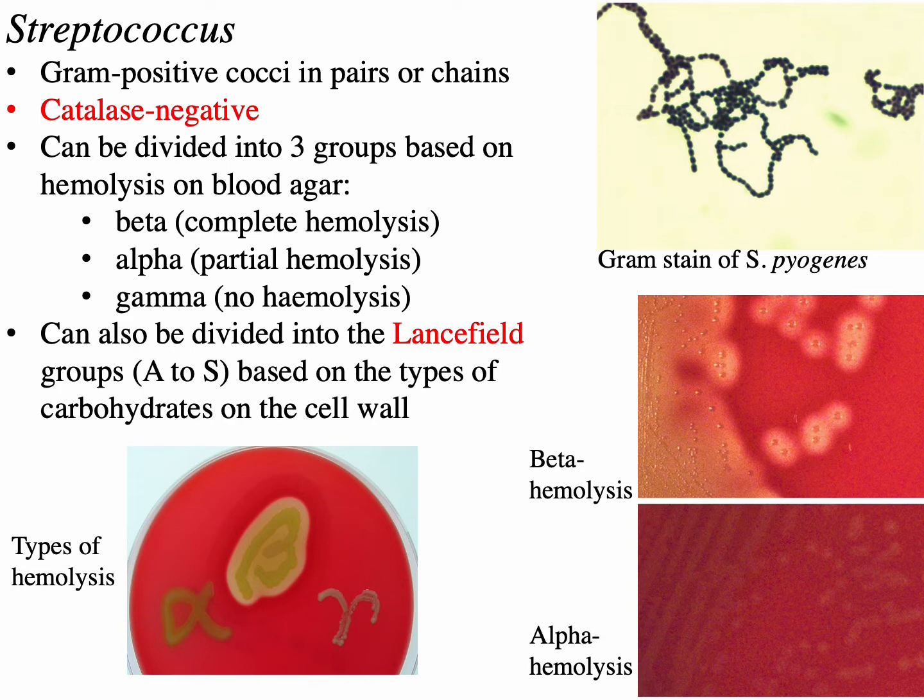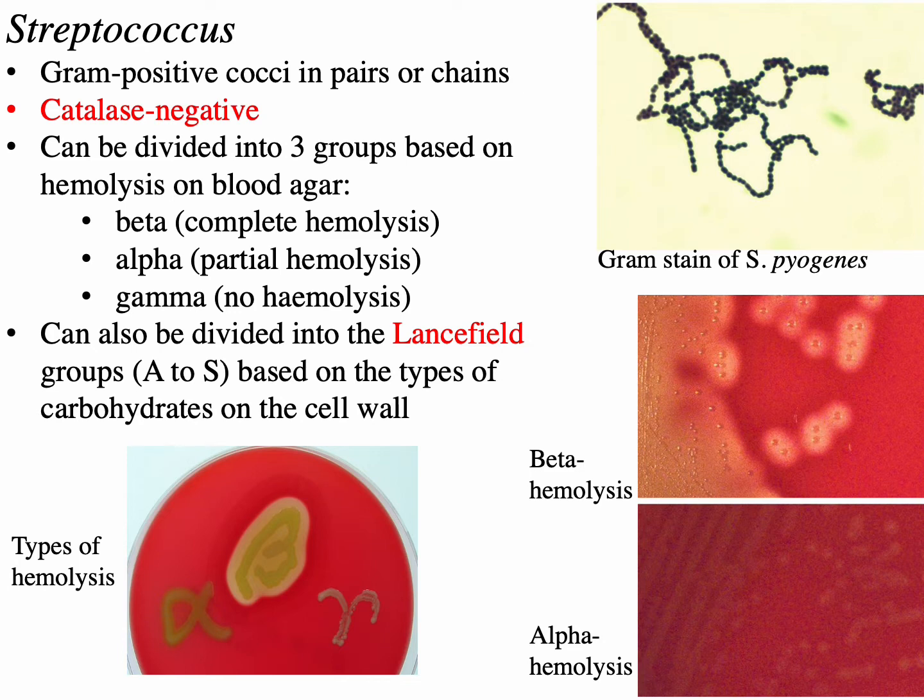You can see this shown in the bottom left picture. That is a blood agar plate where someone has inoculated the surface of the agar plate with three different bacteria, being fancy to draw the letters alpha, beta, and gamma. So that is a good illustration of the types of hemolysis.